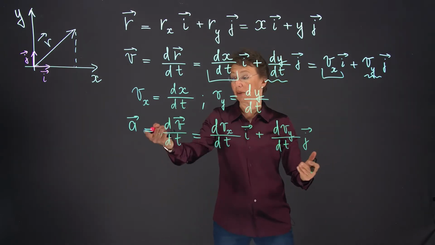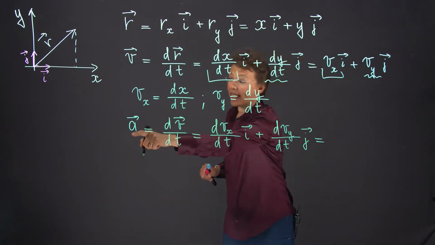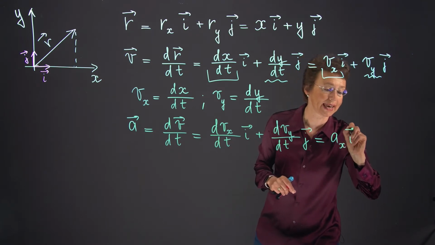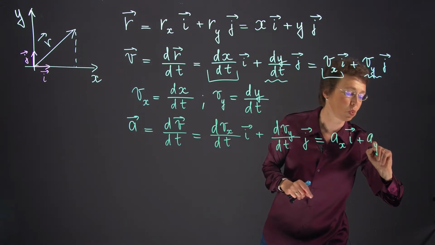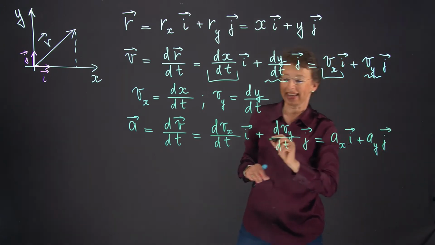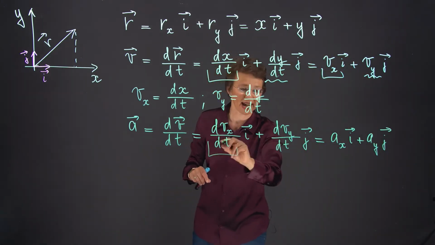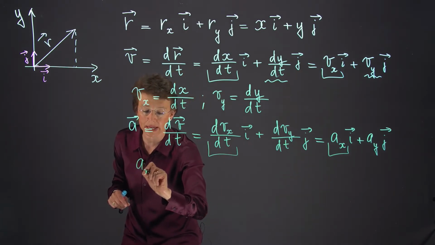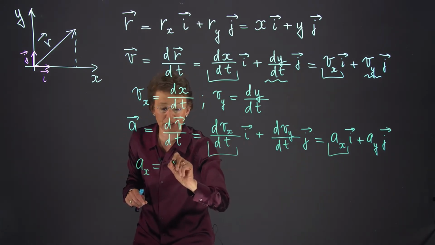At the same time, we know that a as a vector could be written in terms of components, a_x i plus a_y j. And comparing the coefficients in front of i, we immediately see that a sub x is equal to dv_x/dt.